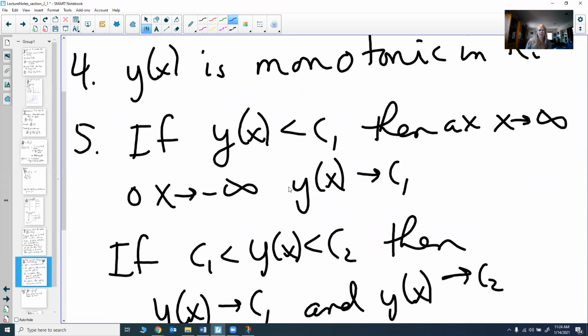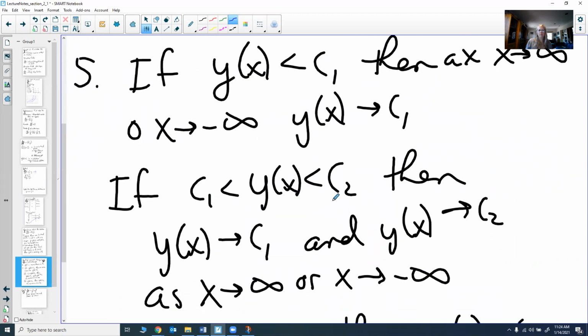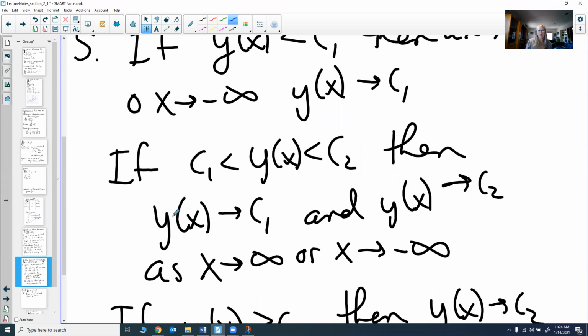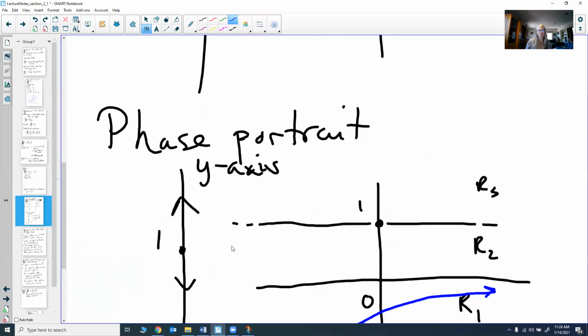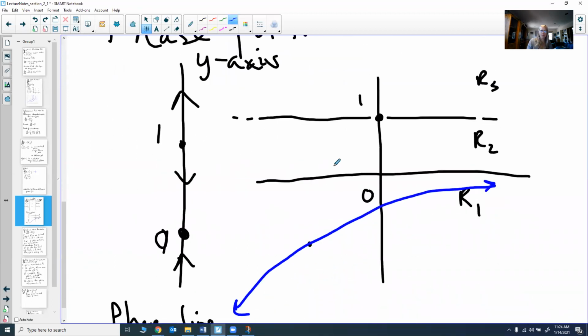If y is between C1 and C2, then y will go to C1 and y will go to C2 as x goes to infinity and negative infinity. Looking up here, what that means is if I pick some point here that's in R2, we are decreasing, so we're not going to change from being monotonic.